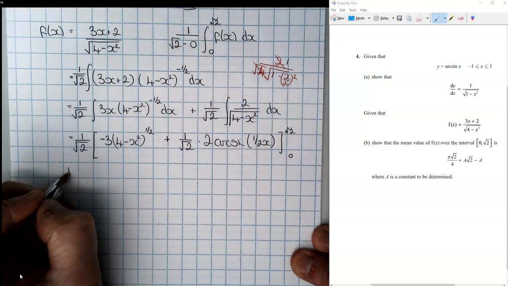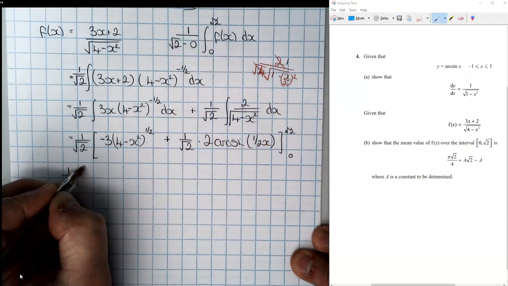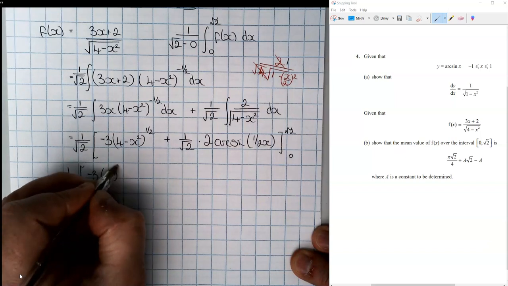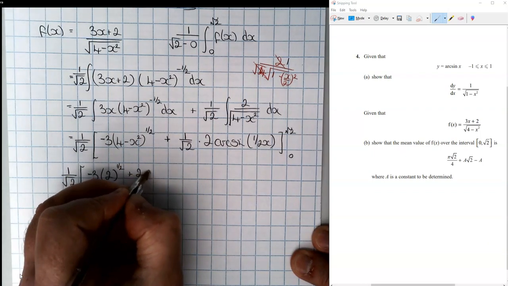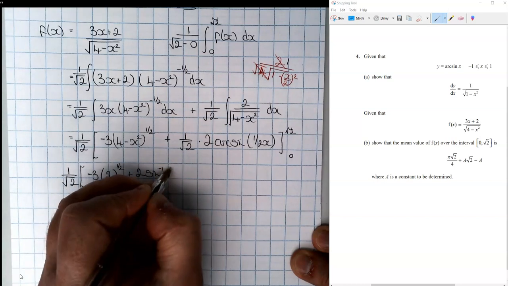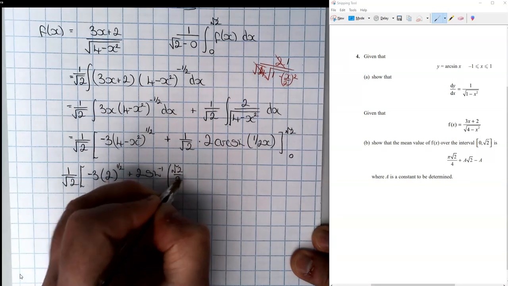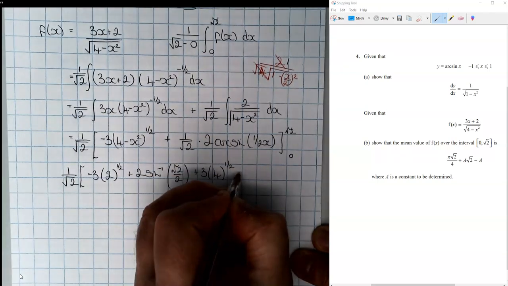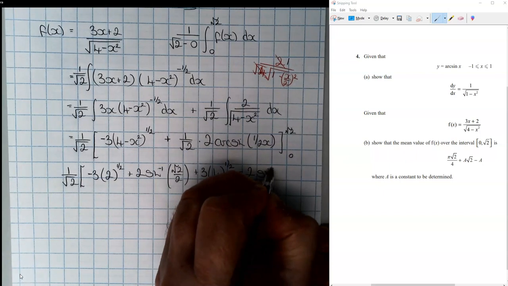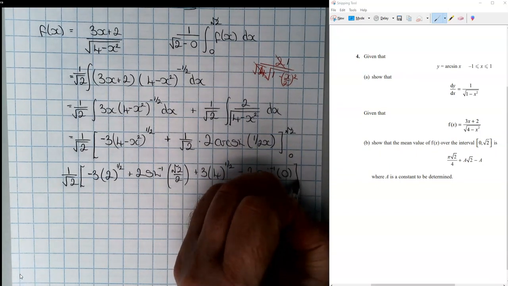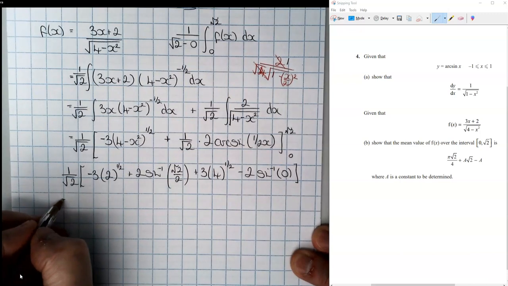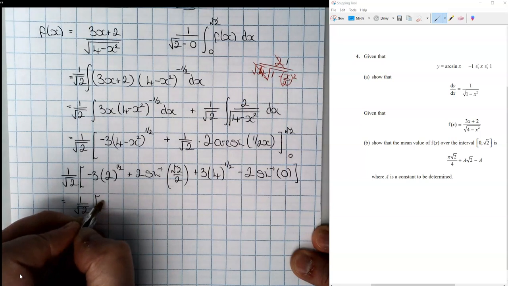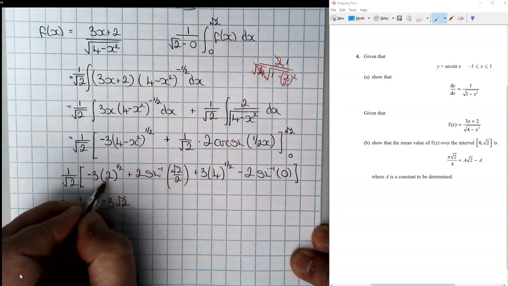So I get 1 over root 2 times minus 3 times 2 to the power of half, plus 2 arc sine of root 2 over 2, plus 3 lots of 4 to the power of half, take away 2 arc sine of 0, which then gives me 1 over root 2 times minus 3 root 2, which is the first term.